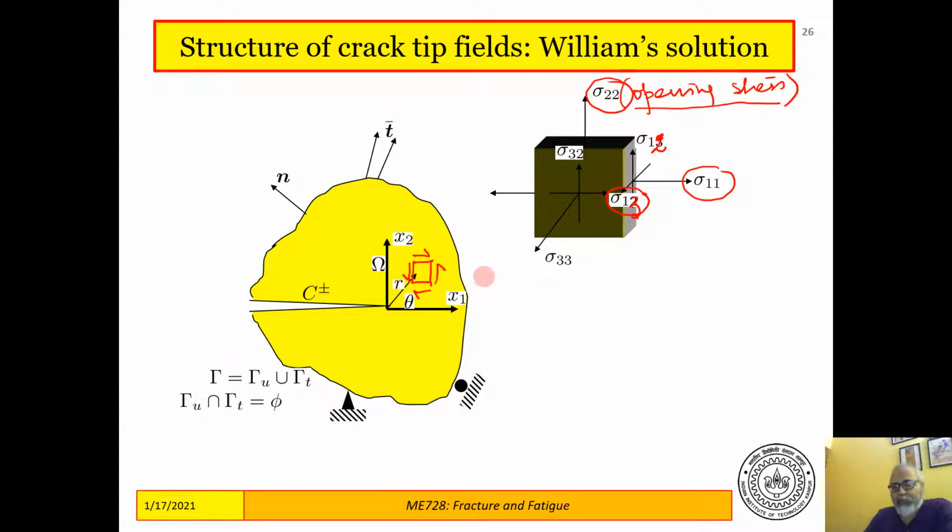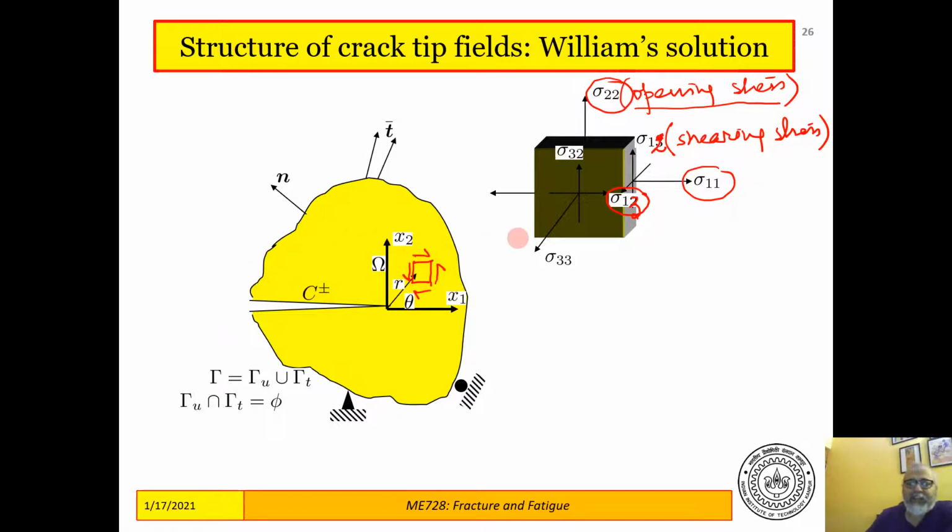This is your sigma 12. Sigma 13 is out of the plane. We will deal with sigma 13 later, but this is known as the shearing stress. So this is the stress that is trying to shear an element in the plane of the crack.